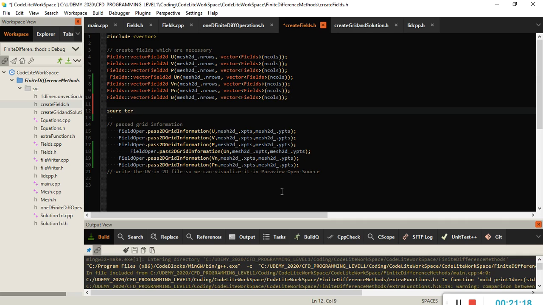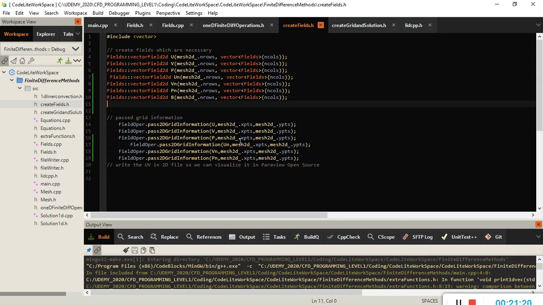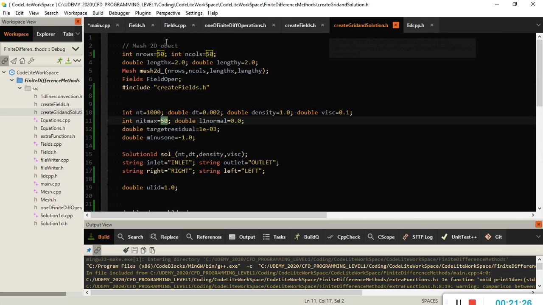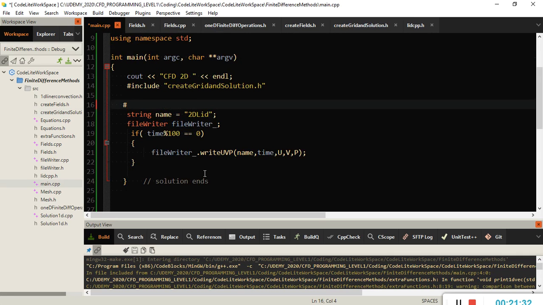So this is the source term for the pressure Poisson equation. First, let's decrease the grid size to something like 10 to make it easier for us to visualize.